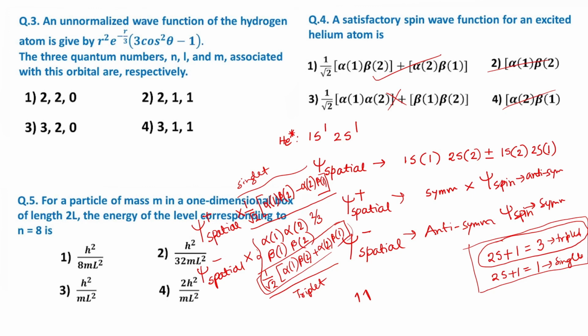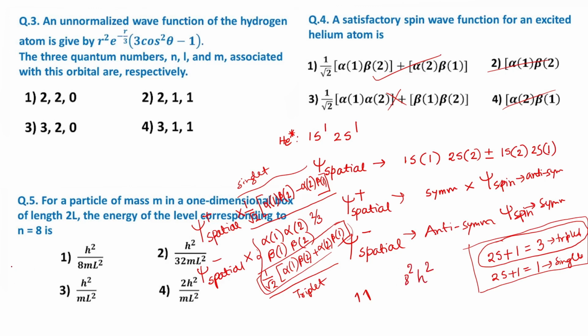Let us go to question number 3. Question number 3 says, for a particle of mass m in a one dimensional box of length 2l, the energy corresponding to the level n equals 8, what would it be? N equals 8, so the energy would be 8 square h.